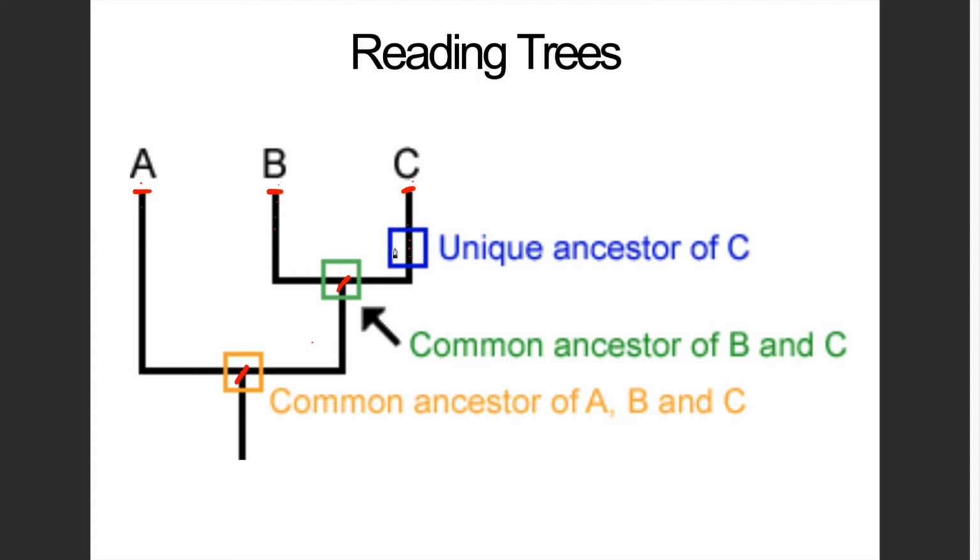Your external nodes are your extant or terminal species, the existing members of that taxa, while your internal nodes are points of speciation or divergence of your organisms. That's your speciation events, and they also represent your ancestral species. Also, there is a special type of internal node which is your root.